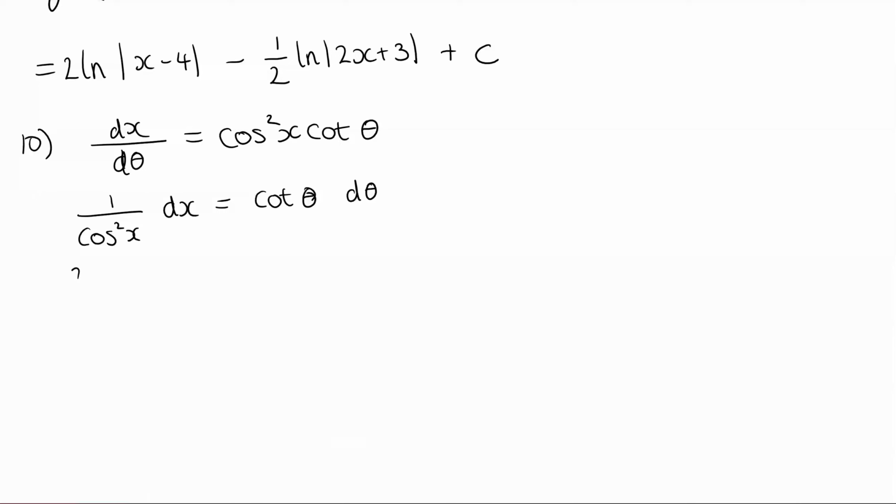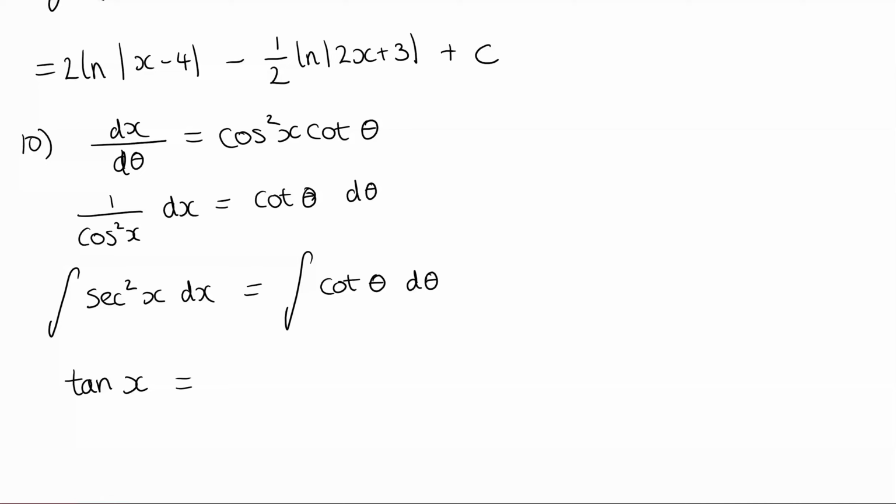Then I'm going to put an integration sign on both sides, and I'm also going to rewrite 1 over cos squared as sec squared. Then you just integrate both sides as you go along. Integrating sec squared, we get tan x, because remember when you differentiate tan, you get sec squared.